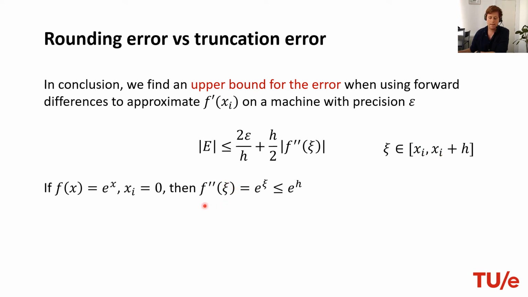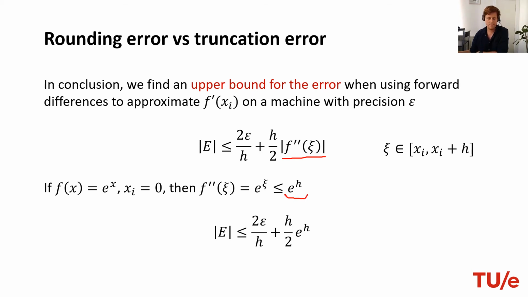In that sense, the second derivative of f is e to the power xi, and that's a continuously increasing function. So this abstract term, f double prime of xi, we can also provide with an upper bound, which is e to the power h.